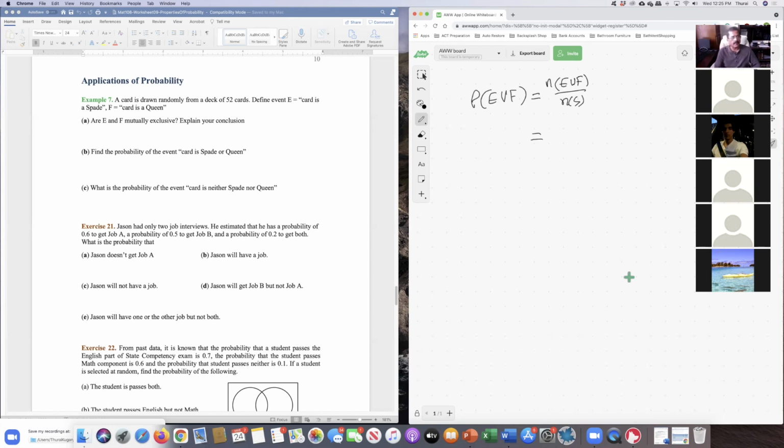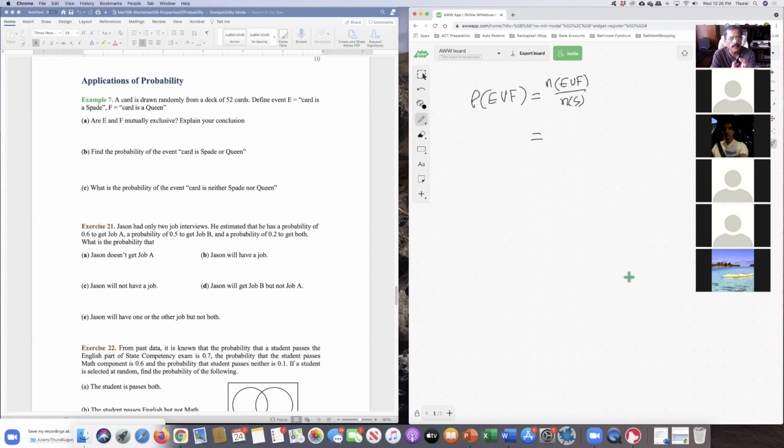So there are 4 queens altogether, and spade has 1 queen. There are 13 cards in event E. There are 3 cards in F that are not shared with E. 1 card is shared with E. So can you see that E union F has 16, 13 plus 3? Everybody see that? E has 13, F has 4, but 1 element is common.